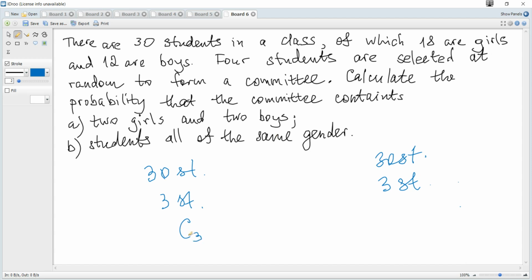It's combination 3 out of 30. But when order is important, or some objects have roles, it will be permutations 3 out of 30.